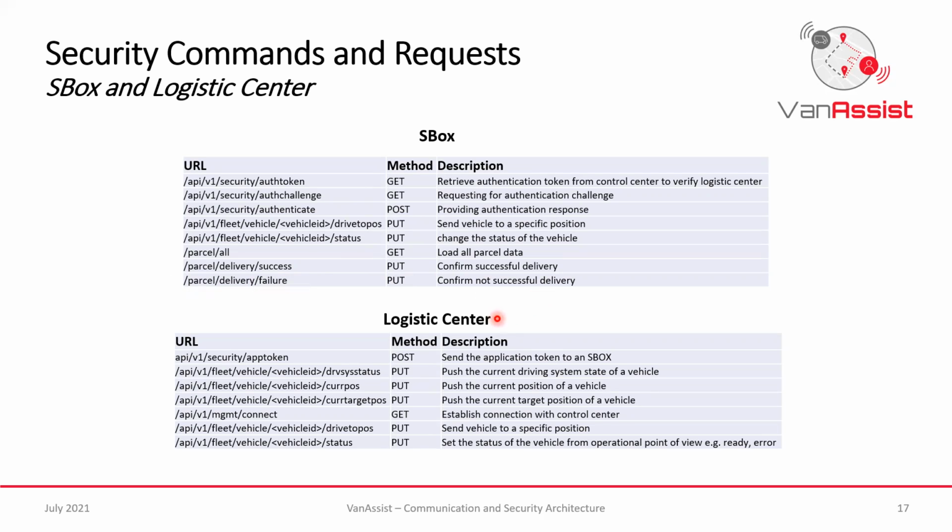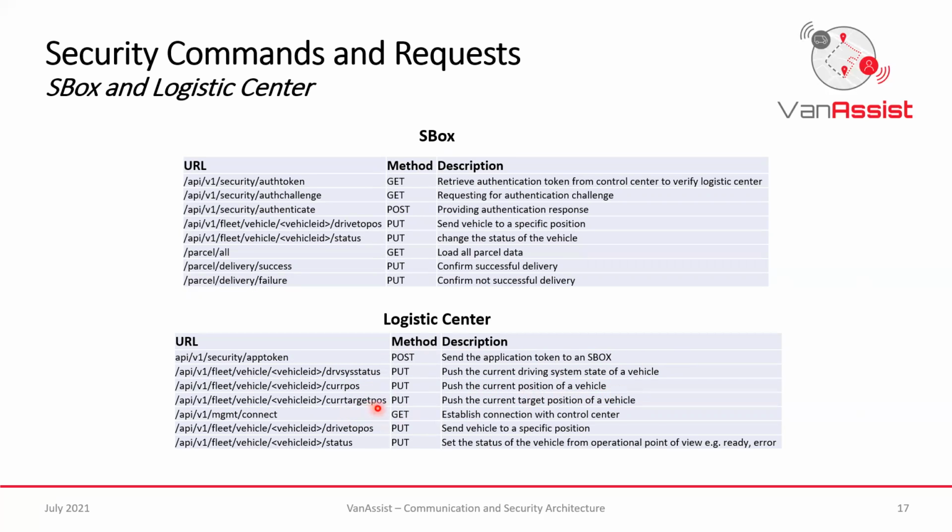On the logistics center side, we have app token post to send the app token to SBox. We have driving system status to push the current driving system status of the vehicle to the SBox. We have car pose or current position to push the current position of a vehicle.